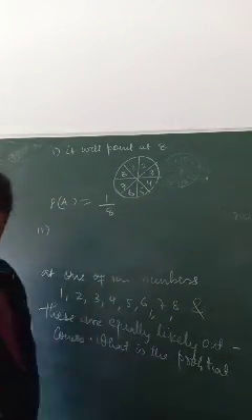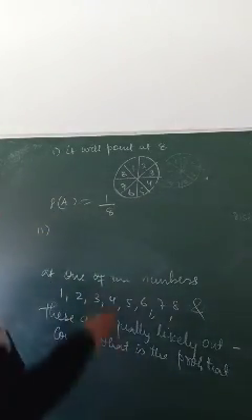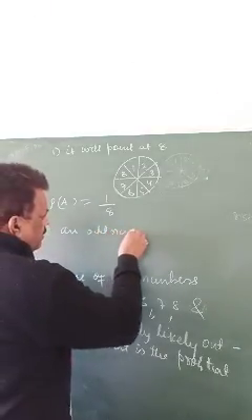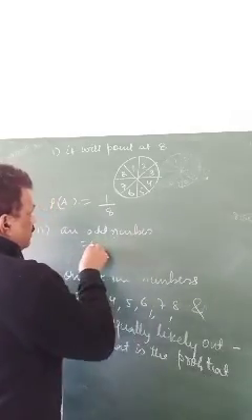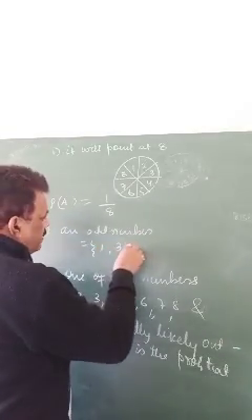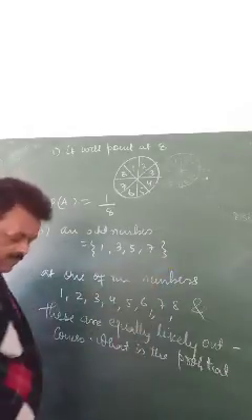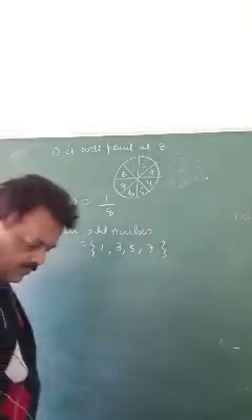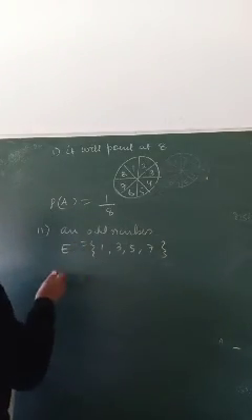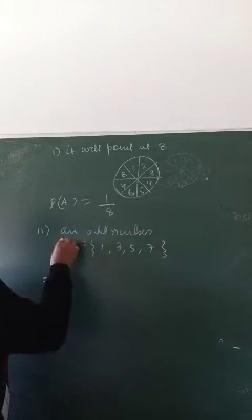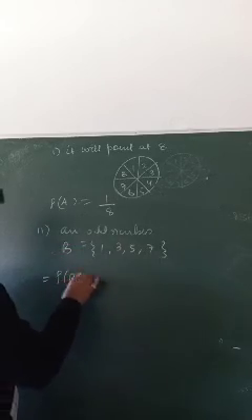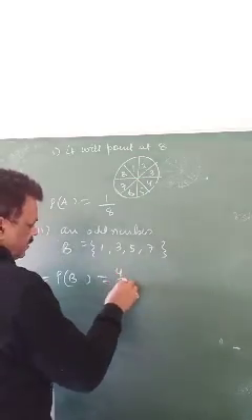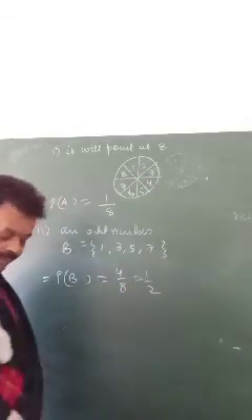Second part of the question, an odd number. Which are the odd numbers you find here? 1, 3, 5, 7. So what is the probability of an odd number? Suppose you write B. Probability of B, how many? 1, 2, 3, 4. Total 8. 4 by 8, that is 1 by 2.